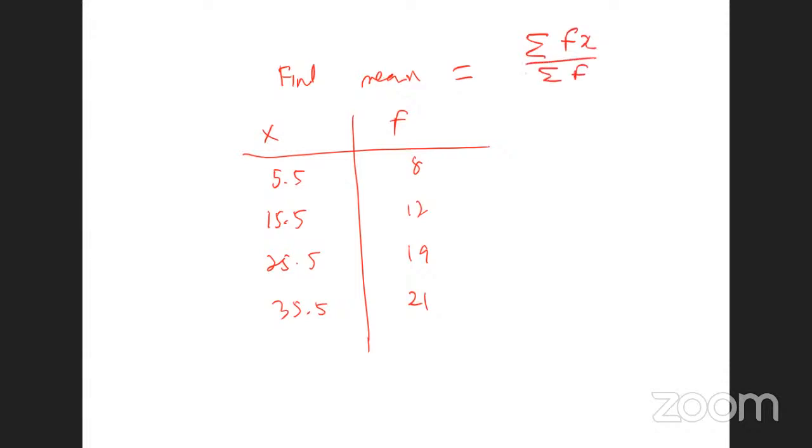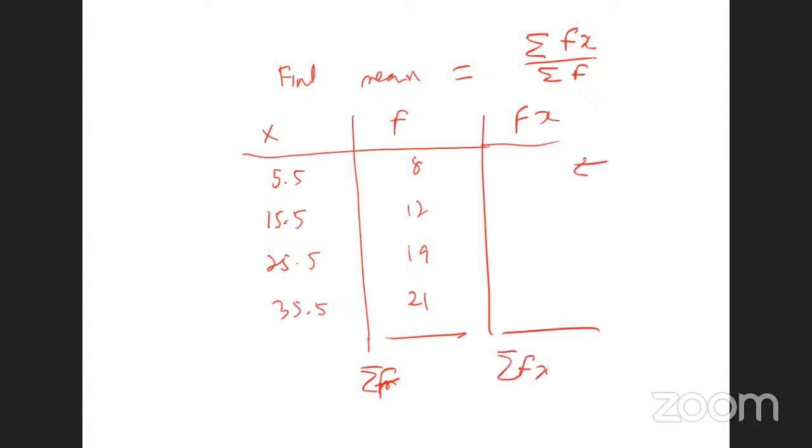How do you get the sum of f? Add up here. How do you get the sum of fx? You have to find fx everywhere and then sum it up. What is fx? Tishana, how do you find fx? If you have f and you have x, multiply. Go ahead.